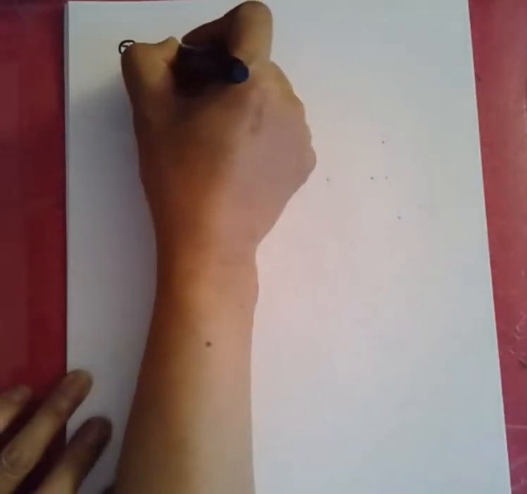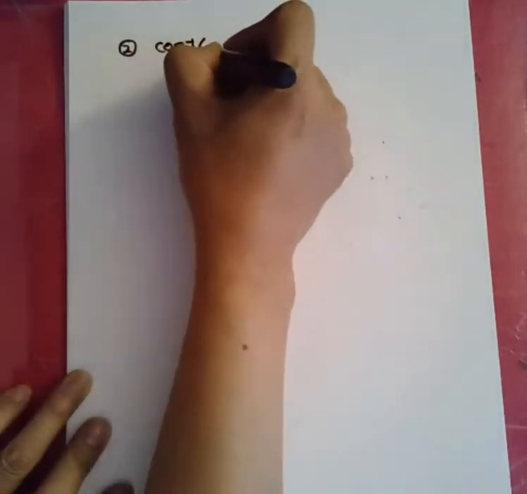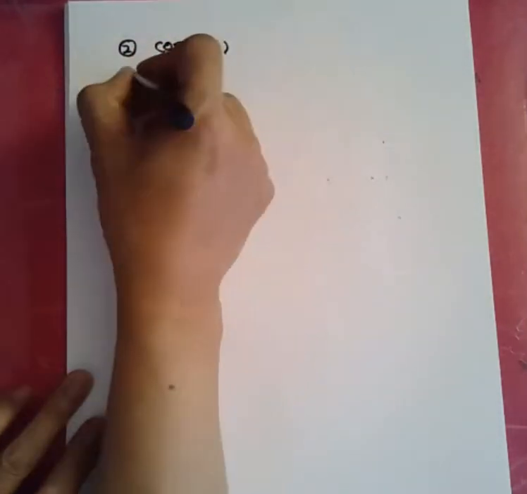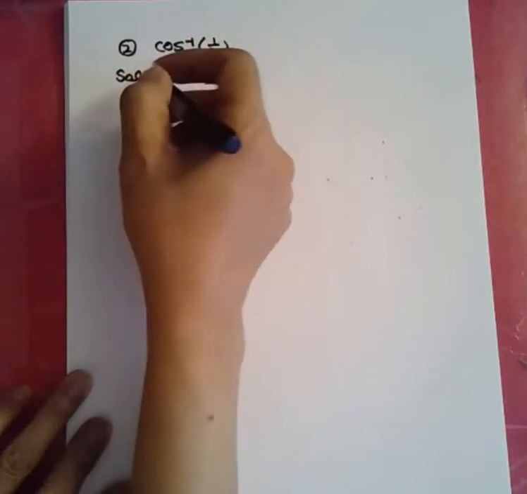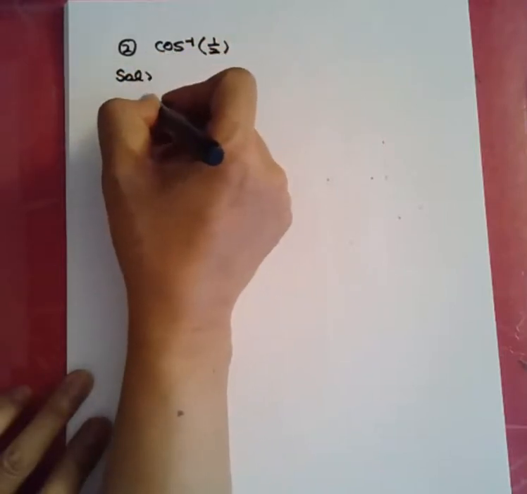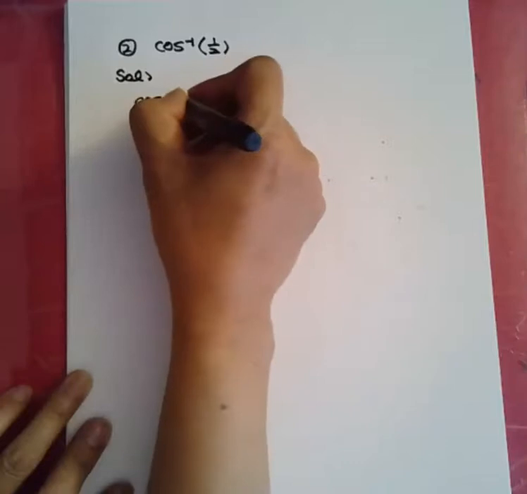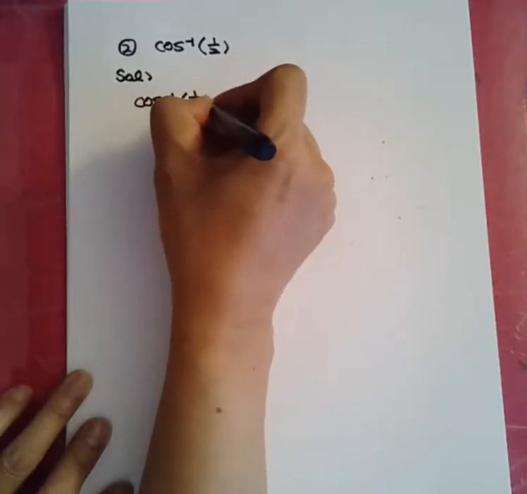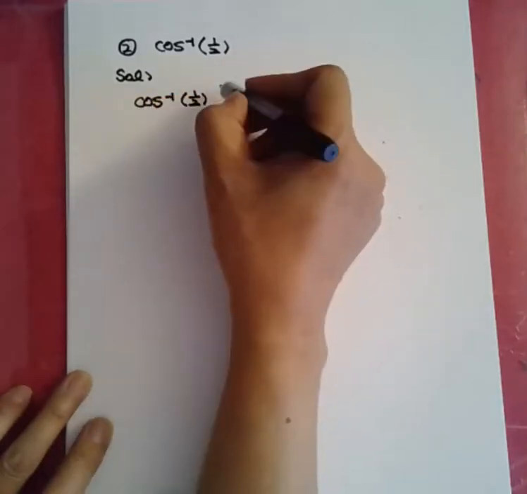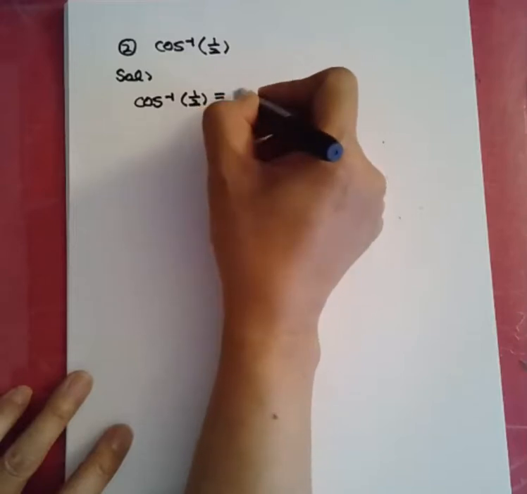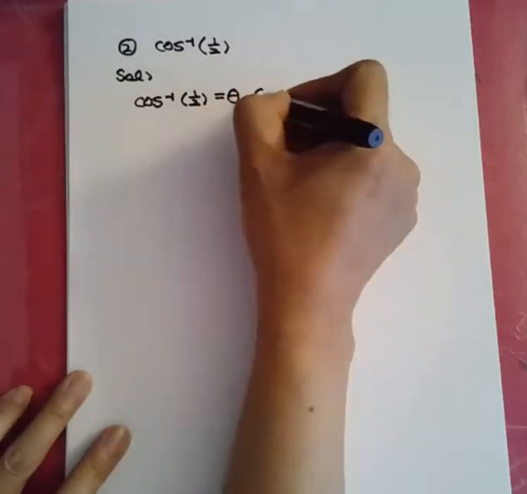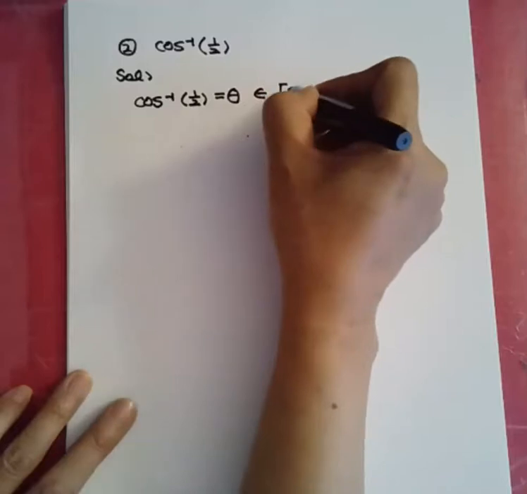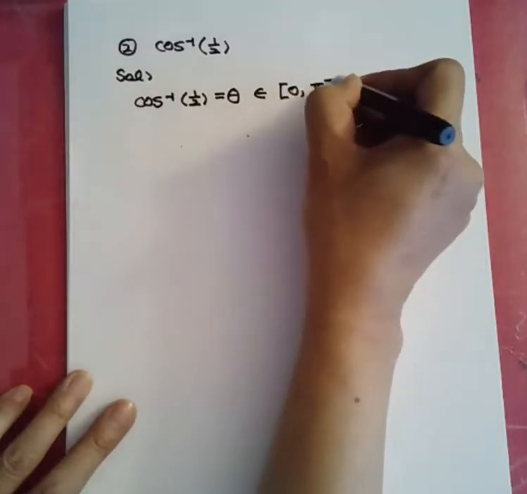Second example is cosine inverse of 1 over 2. We again follow the straightforward definition. We are looking for the angle whose cosine value is 1/2, but the angle must be located between 0 and pi.